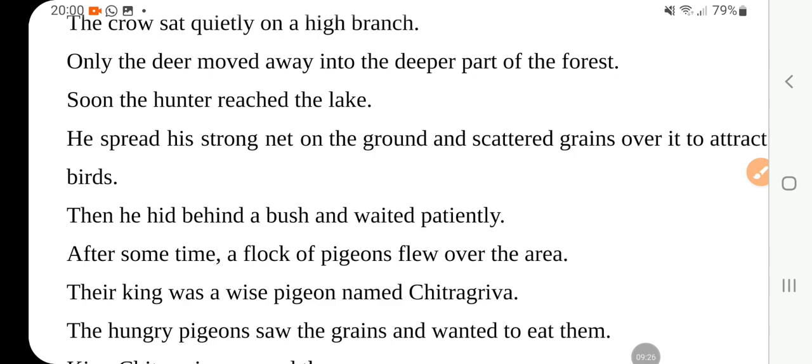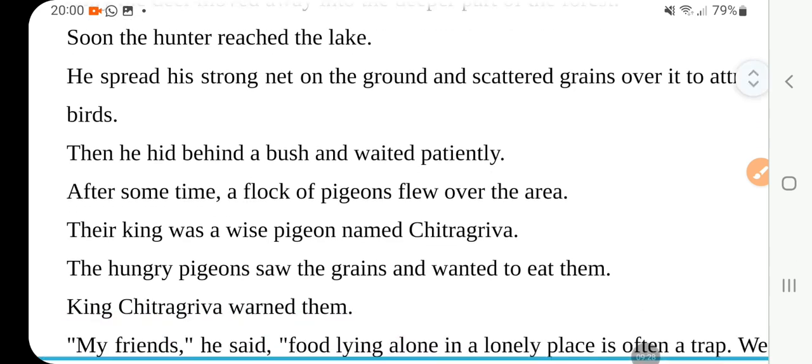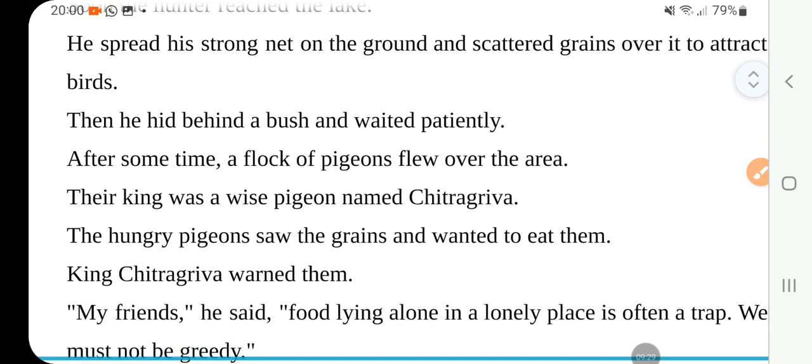But soon the hunter reached the lake. He spread his strong net on the ground and scattered grains over it to attract birds.